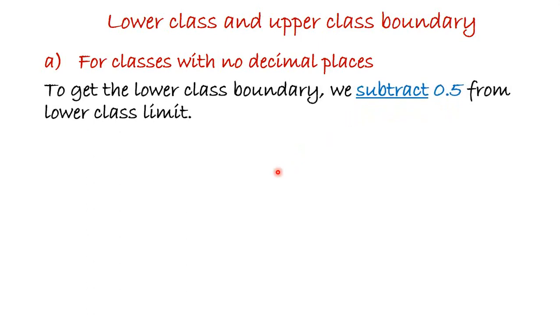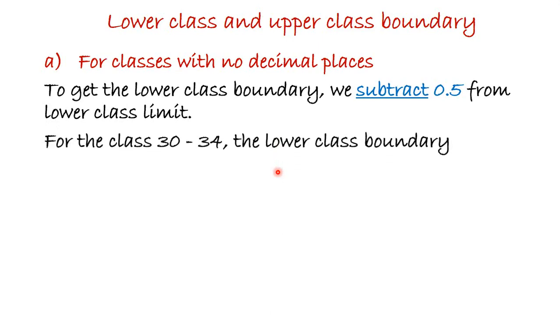If we consider a class of 30 to 34, then the lower class boundary is going to be got by taking the lower class limit, because if this is the class, this is the lower class limit, this is the upper class limit. So we shall get 30 minus 0.5, and that will give us 29.5. So that will be the lower class boundary.